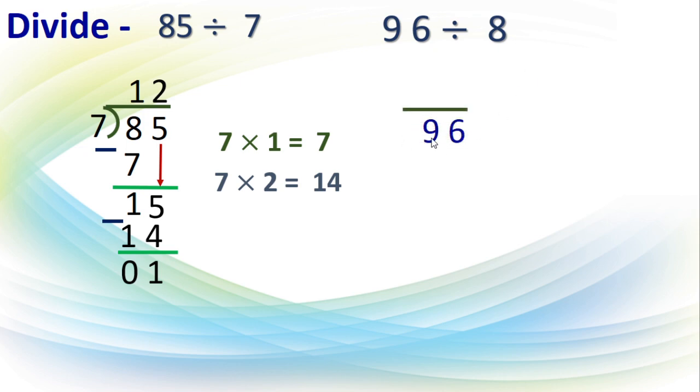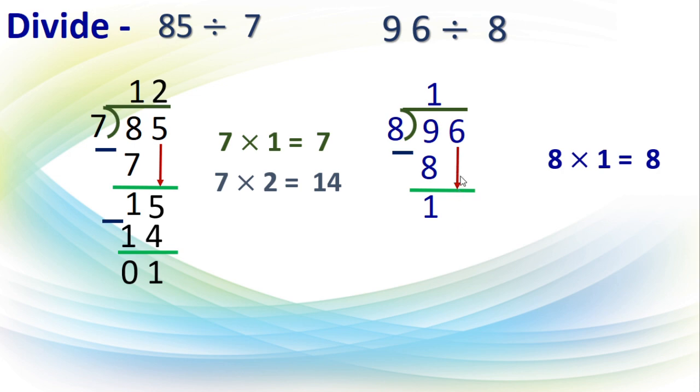Next one is 96 divided by 8. Here also we can see 9 is greater than 8. 8 is the divisor. What will we do here? Now 8 ones are 8, isn't it? So 9 minus 8, 1 remained. This is smaller than the divisor, so we will take 6 down. You can see an arrow mark. Directly it comes here, 6. Now it became 16. Now we will divide this 16 by 8. 8 twos are 16.